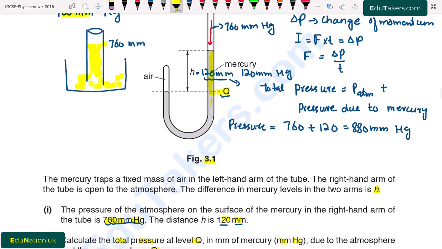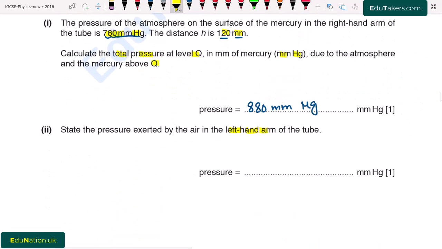In the figure 3.1 we can see that on the left hand arm the level of pressure is at this point, and this level is equal to the level of the liquid at point Q. On the right hand side we have found the pressure at the point Q. So the pressure on the left hand arm will be equal to the pressure at the point Q. Both of these pressures are equal. So I write here, pressure is equal to 880 millimeter of Hg.